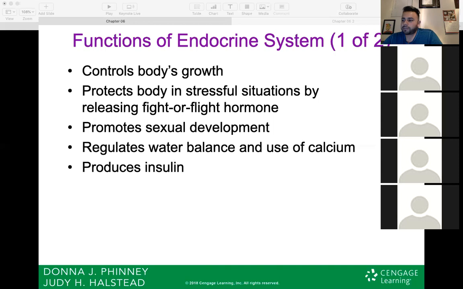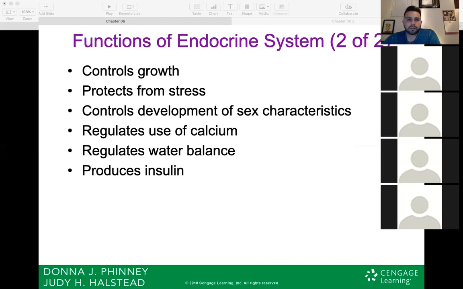So the endocrine system functions to control growth, to protect from stress, stimulate sexual drive, regulate calcium and water balance, and produce insulin, which aids in the transport of glucose.